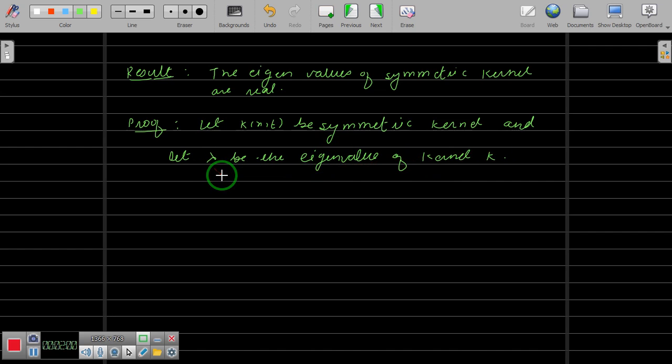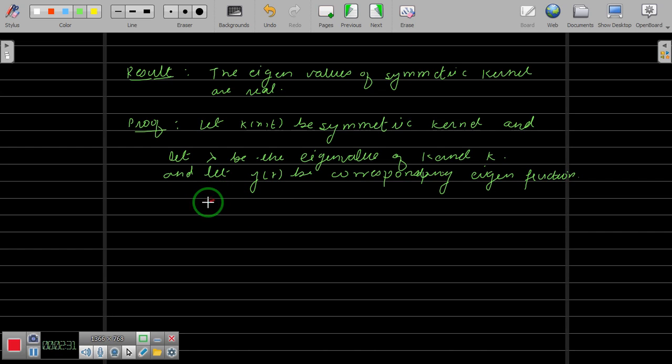And we have this eigenvalue. Let us take the eigenfunction and let y of t be the corresponding eigenfunction.